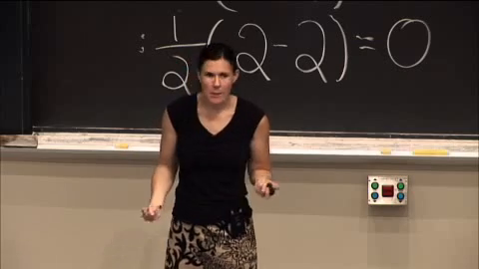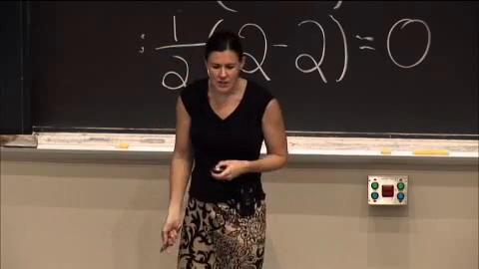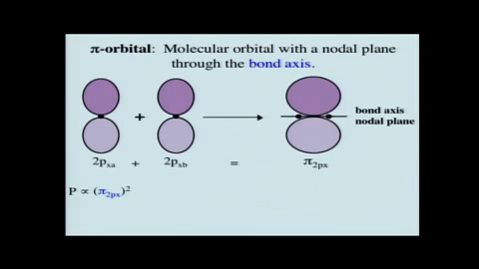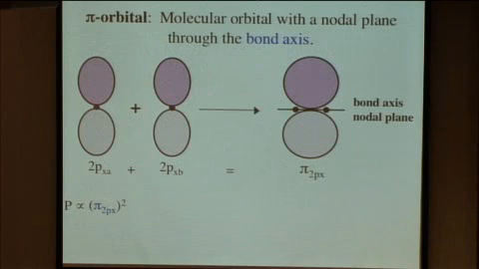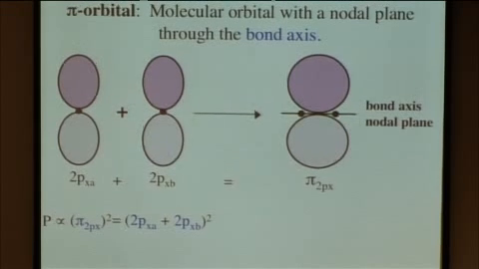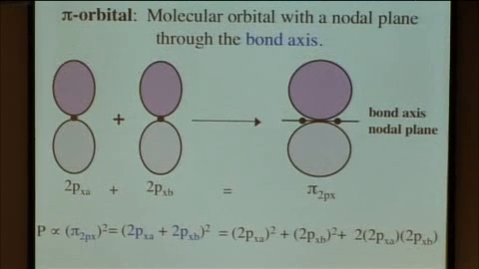So again, we can think about the probability density in terms of squaring the wave function. So now what we're squaring is, if we're talking about the x orbital, pi 2px squared. And this is just equal to the 2pxa plus the 2pxb all squared, or if we write out all of the terms, we have 2pxa squared plus 2pxb squared, and then this term here.